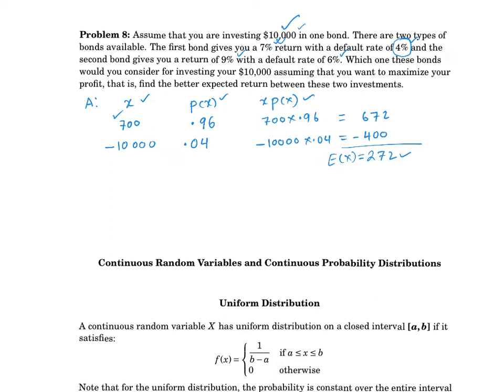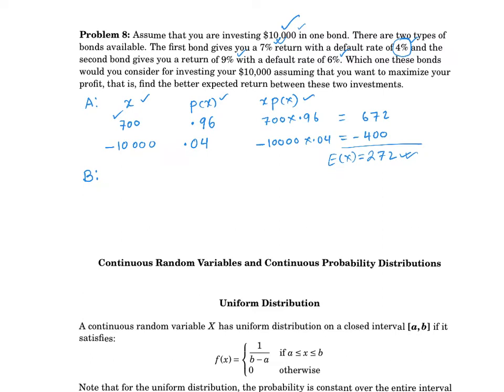Now, in exactly the same way, you do the calculation for bond B, okay? And you'll come up with a number like this. Whichever number is higher, that's the one you want to invest your $10,000 in, because the expected return is going to be higher on that bond, right? Whatever bond it is, one of these two, is the one that should interest you, because you want to maximize your financial return or financial gain.